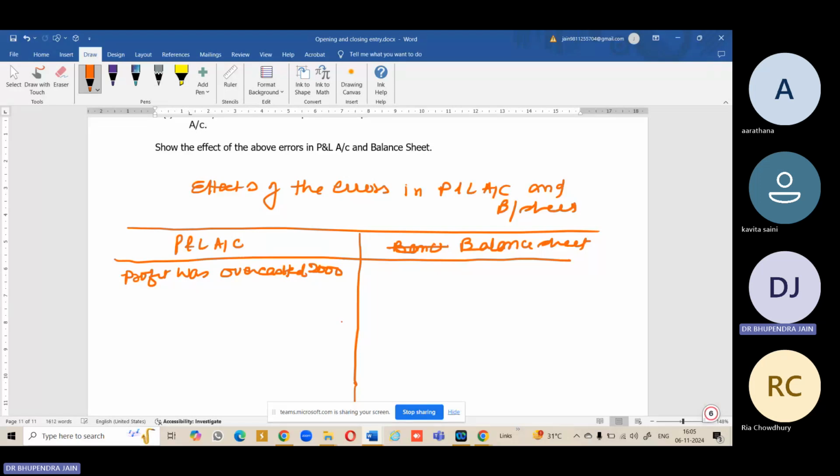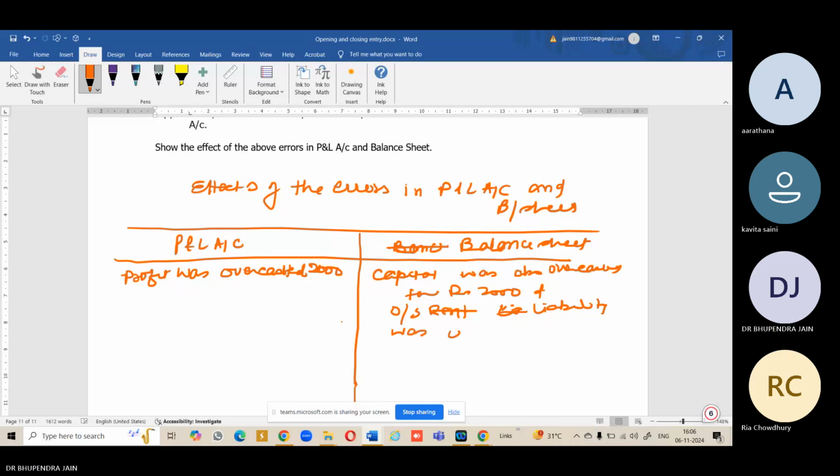Profit was overcasted. And if your profit is overcasted, definitely capital was also overcasted for rupees 2,000, and your outstanding rent liability, outstanding liability लिखो simple, liability was understated by rupees 2,000, because you failed to record the transaction.